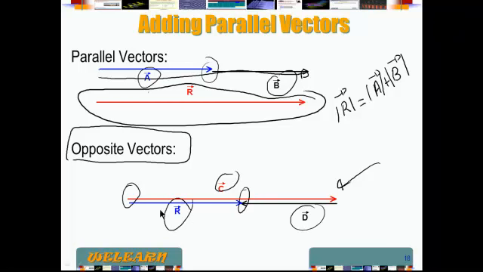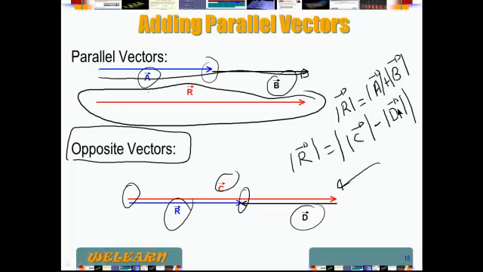Now, however, notice the magnitude in this case. The magnitude of R is the absolute value of the magnitude of C minus the magnitude of D. Since D is in the opposite direction, the magnitude is always positive.